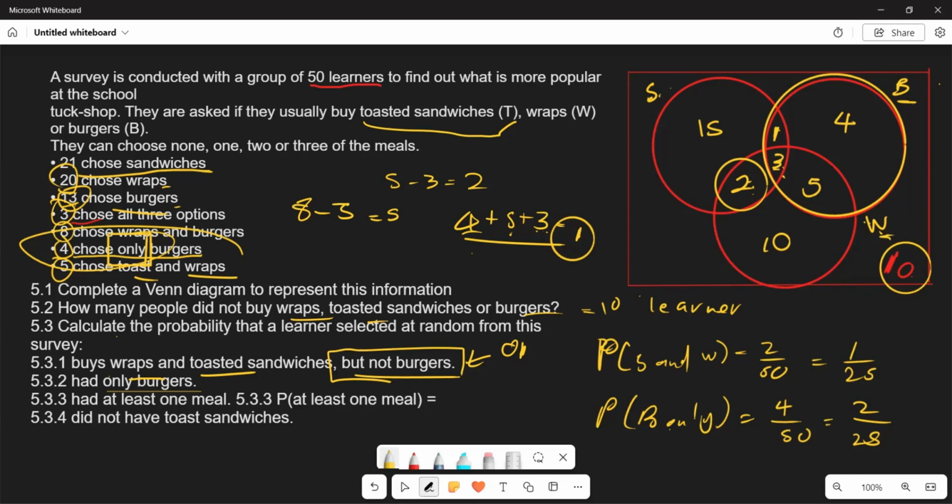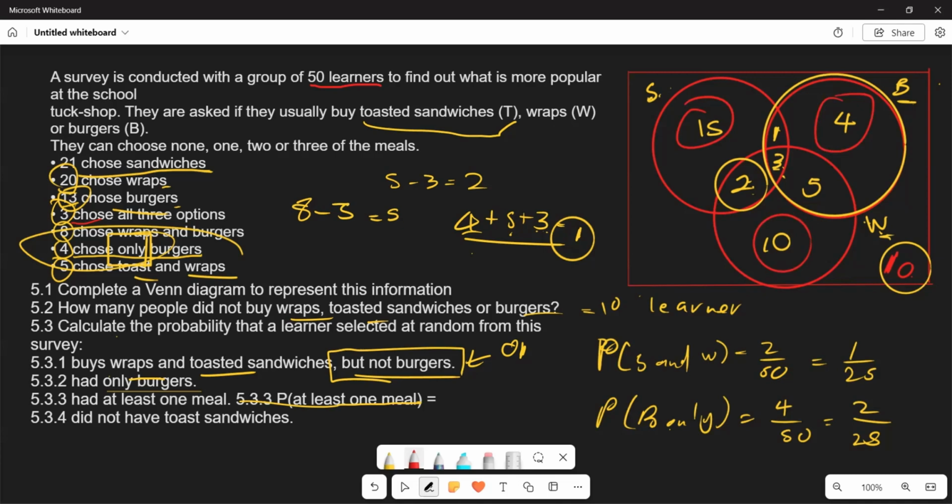Now, they say had at least one meal. Those who had at least 1 meal are those who had a sandwich only, a burger only, and a wrap only. Those are the learners who would have at least 1 meal.